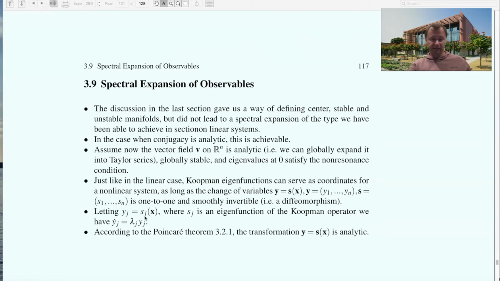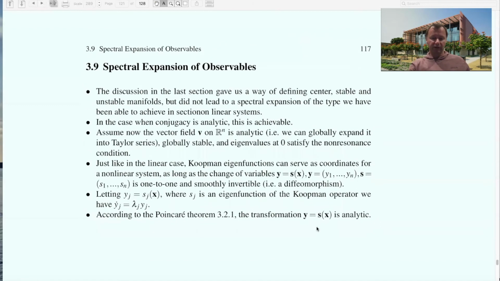So let's assume that exists, and let y_j be just s_j of x, where s_j is an eigenfunction of the Koopman operator. We will have y_j dot is lambda_j y_j for each of these, right? And under our assumptions, we can invoke the Poincaré theorem and the global linearization, and this transformation here would be analytic.